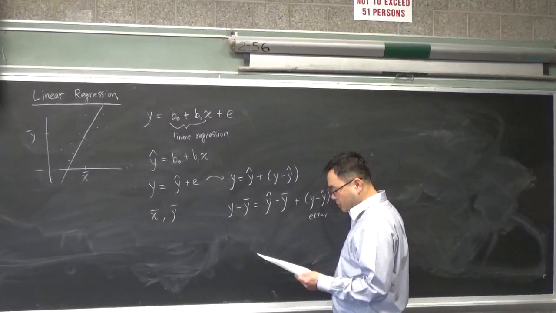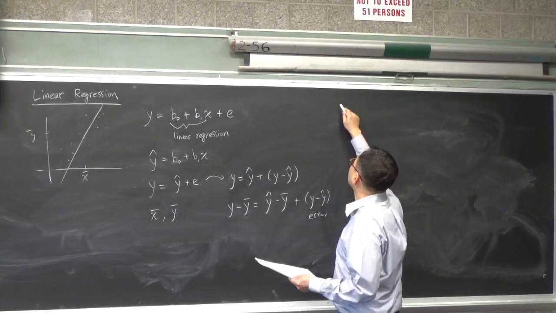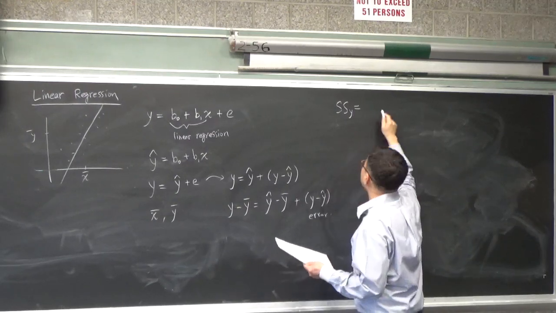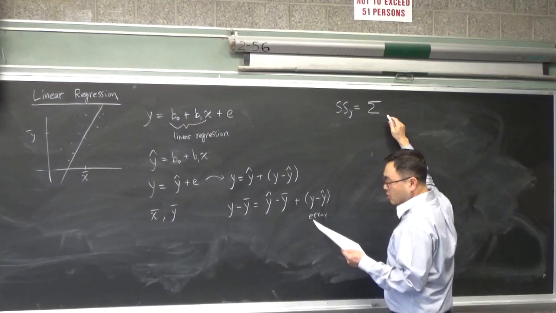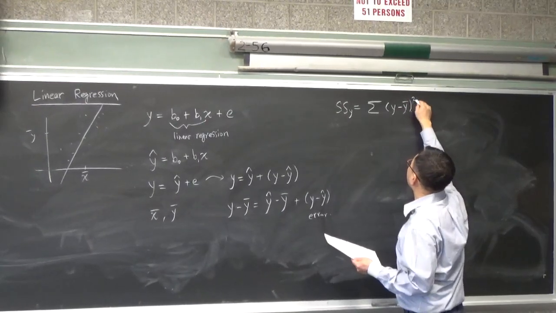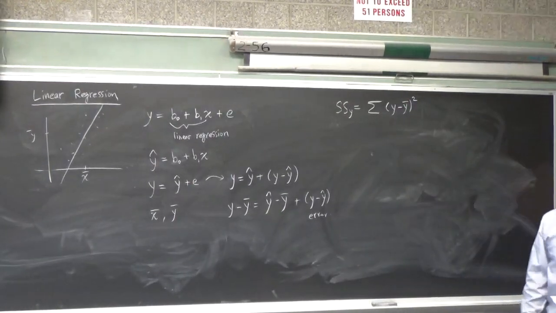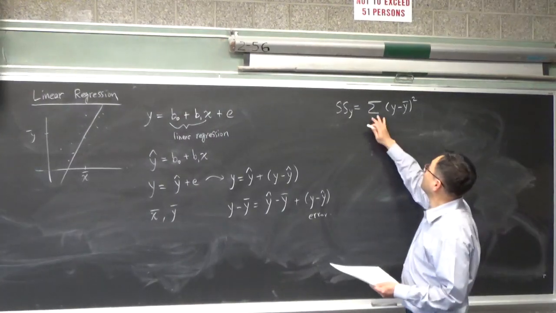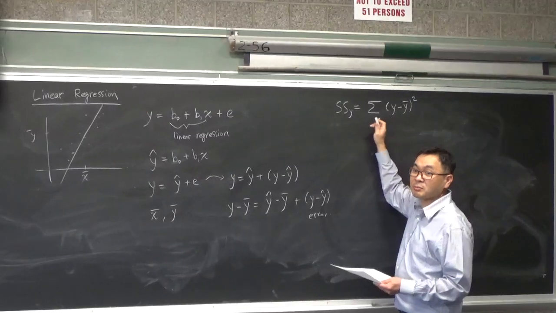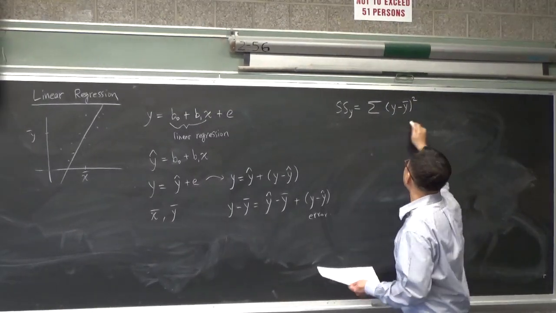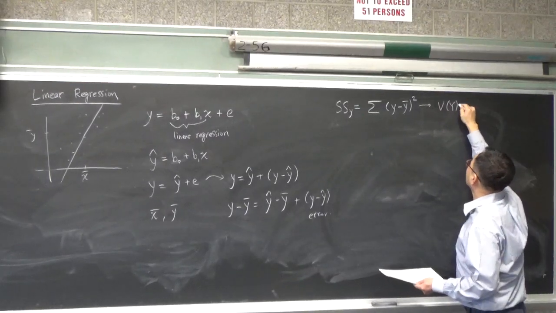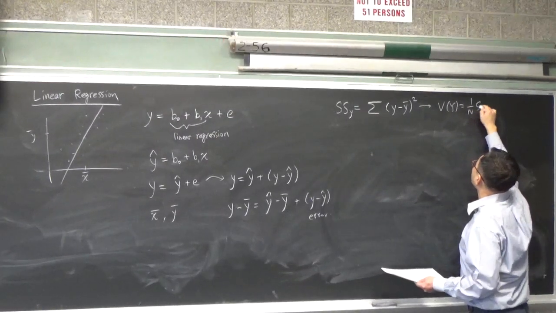So let's talk about sum of squares of y. This is defined as summation of y minus y bar squared. And notice that this is really the formula for the variance, except that we didn't take the average yet. If you divide by n, it's going to be the variance. So in other words, the variance of y will be 1 over n, sum of squares of y.